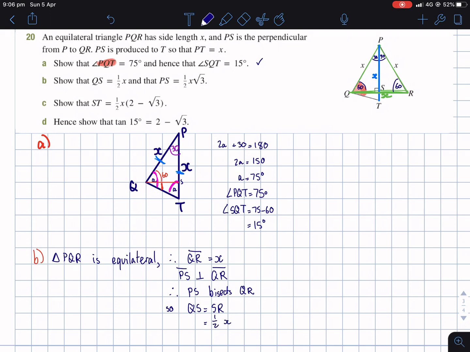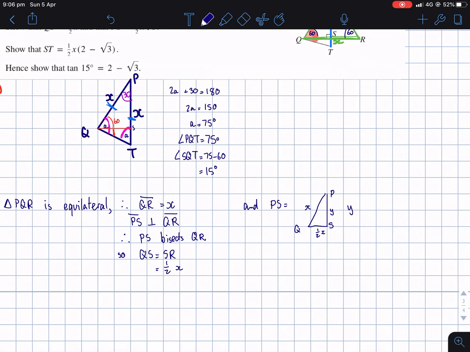So QS equals SR equals half X. And PS, I should use Pythagoras. So this is PSQ. This is X. This is half X. And this is what I'm just going to call Y. So Y squared plus half X squared equals X squared.